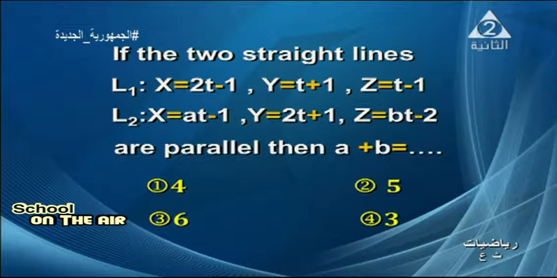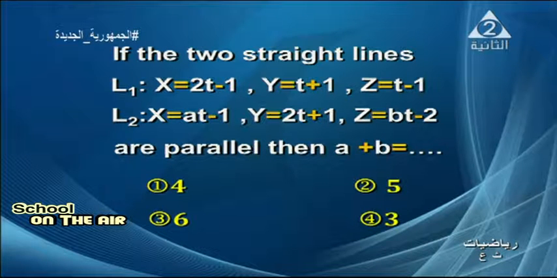But if two straight lines are perpendicular, a1 a2 plus b1 b2 plus c1 c2 must equal 0, which means d1 dot d2, the scalar product, must equal 0.